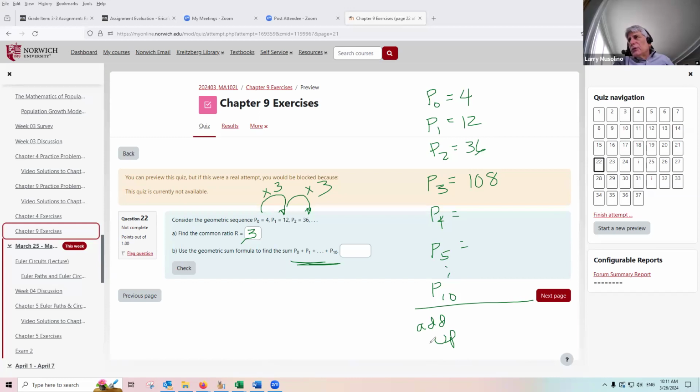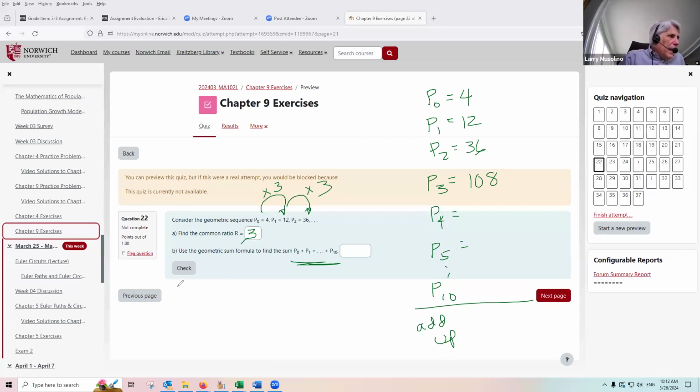Turns out there's a shortcut formula to find the sum of a geometric sequence. Geometric just means each number is getting multiplied by 3 like this. It's a messy formula.